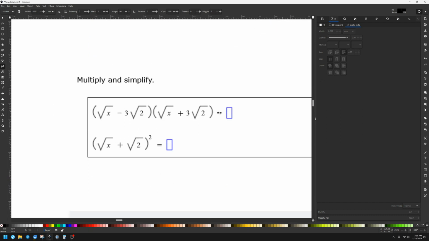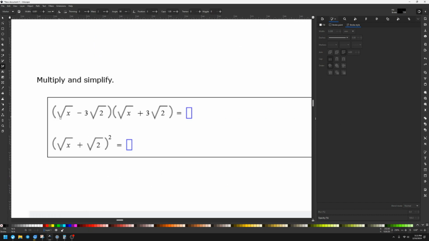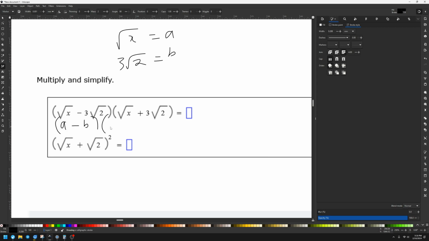Okay, multiply and simplify. The square root of x minus 3 times the square root of 2, times the square root of x plus 3 times the square root of 2. Okay, so let's call the square root of x a, and 3 times the square root of 2 b, and rewrite this equation. So we're going to have a minus b times a plus b.